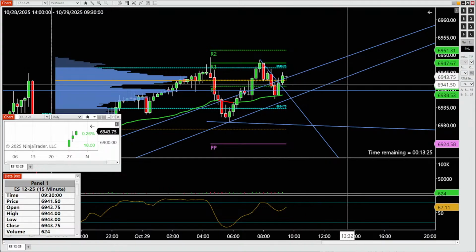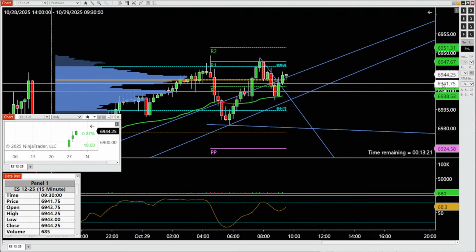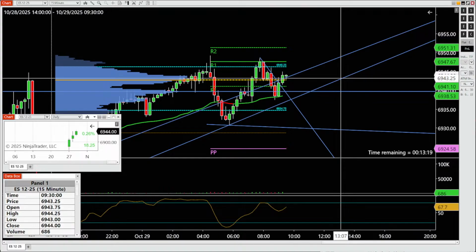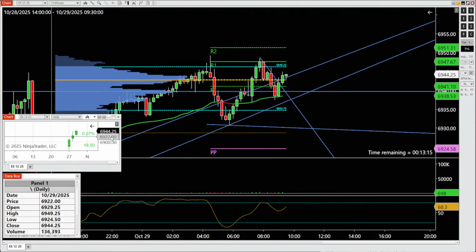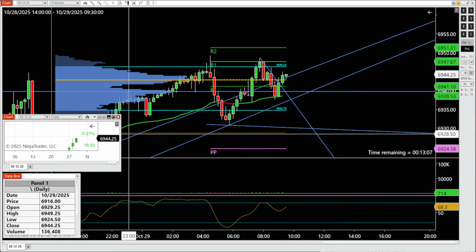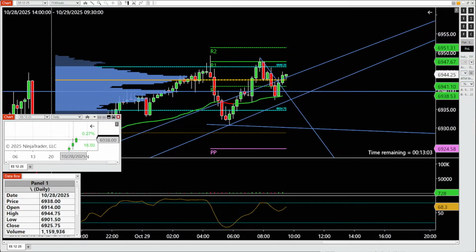Want to get above 50. 60, 69.50. The daily chart, previous day's high is 44.75. So we're right at the previous day's high. Testing previous day's high.